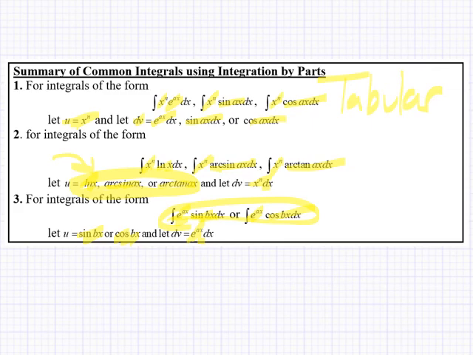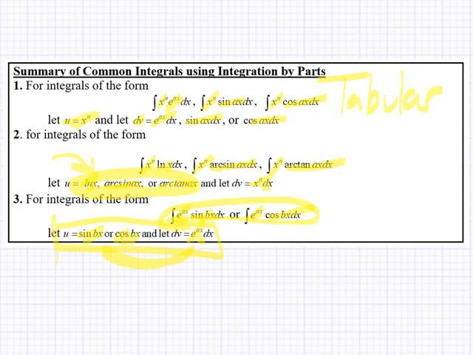It doesn't really matter. What would matter is that your answer may look a little bit different depending on how you assign these. But that doesn't mean it's a different answer. It's just a different form of the answer. So if you don't follow this order for u and dv like we did in the previous example, your answer in the homework may be different from what you see in the book.